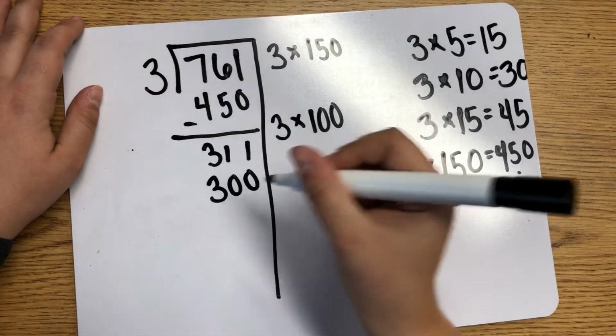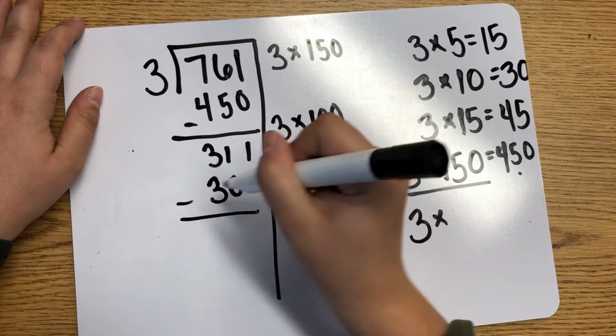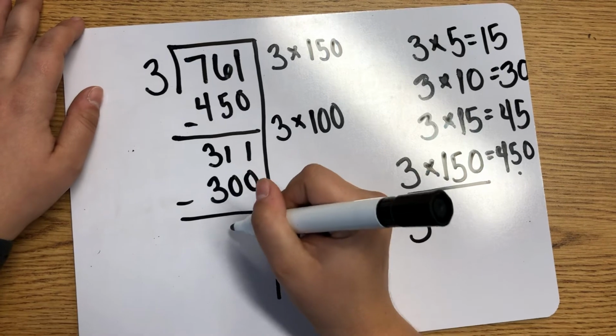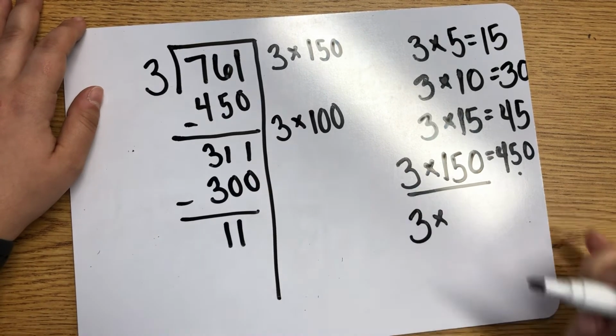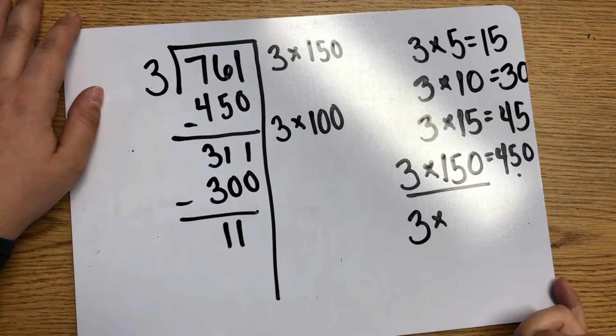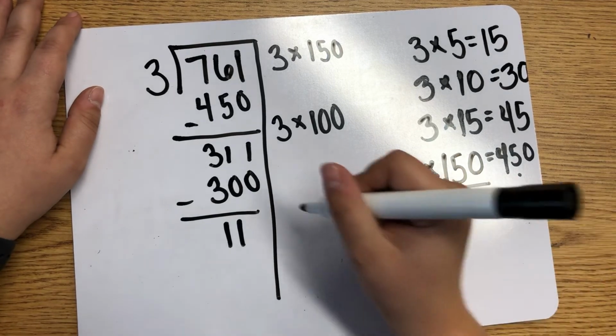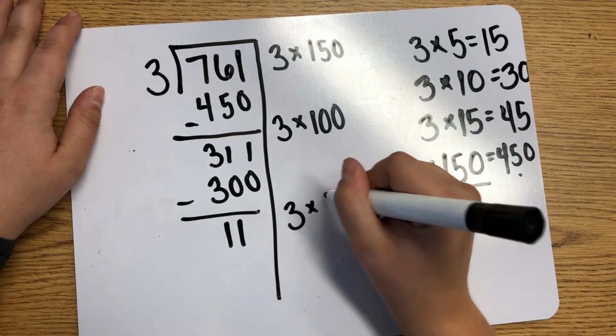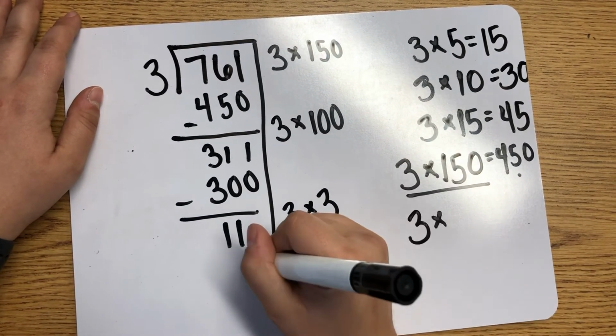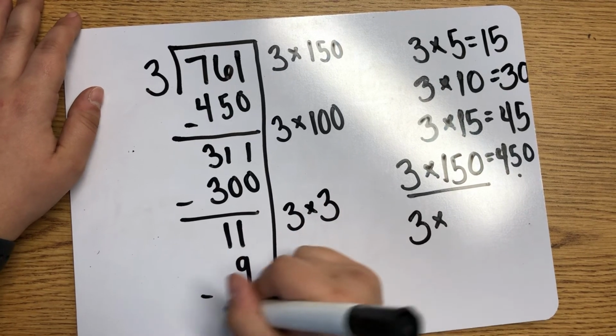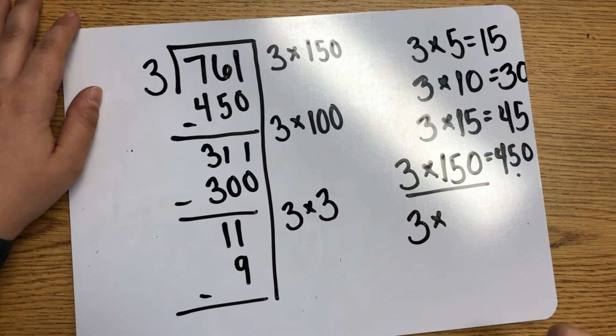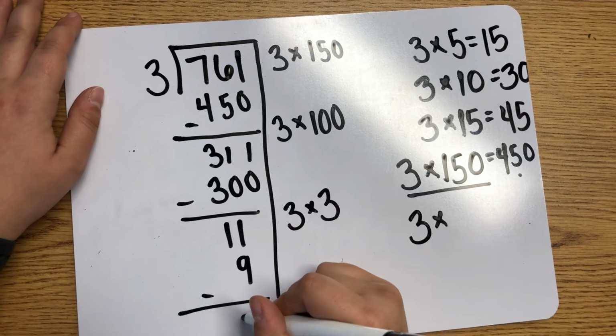Okay, and then I can go ahead and subtract 300 away from 311, which leaves me with 11. I know that 3 times 3 is 9. I can take 9 away from 11, and I'm left with 2.